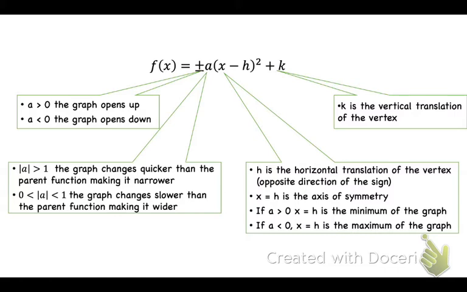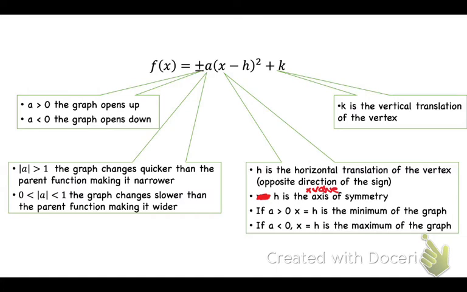x equals h. That is the axis of symmetry. h, I don't know if that should, h is the x value of the axis of symmetry. So that's what that should say. h is the x value of the axis of symmetry.